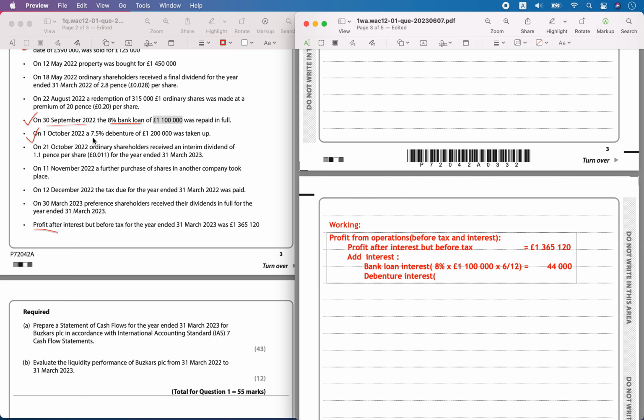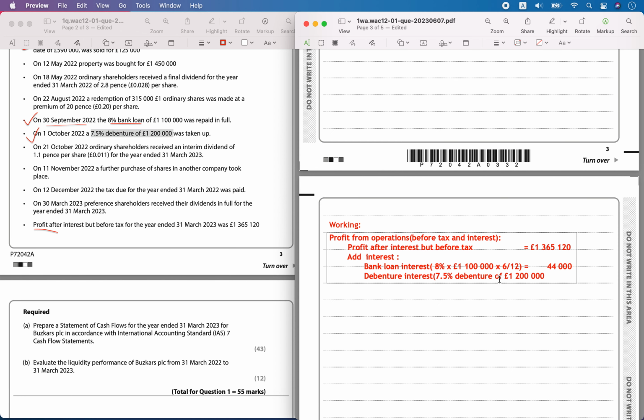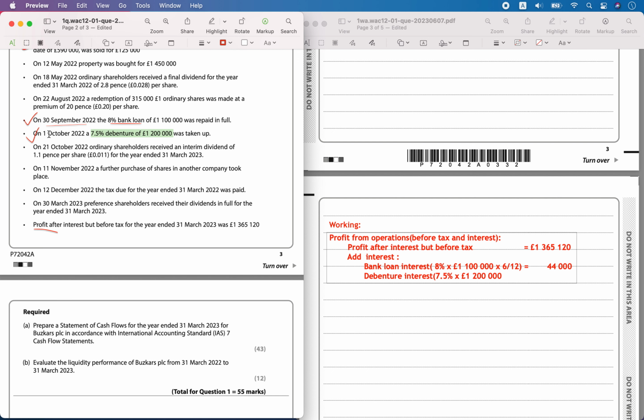Debenture interest, we can see that there was a 7.5% debenture interest at 1.2 million. So let's write that. 7.5 percentage into 1.2 million, and this was started on 1st October. So let's start from October to March 23. So the interest payment is going to be for October, November, December, Jan, Feb, March.